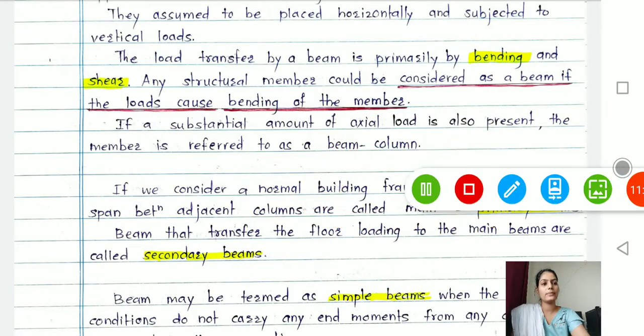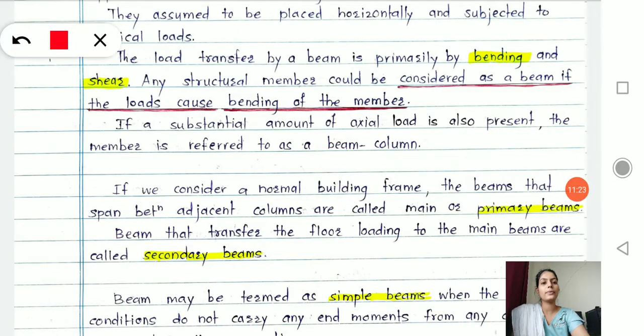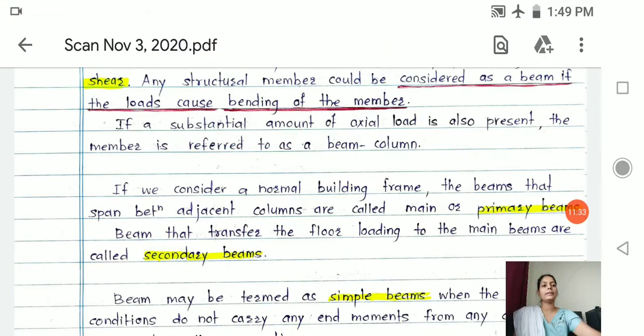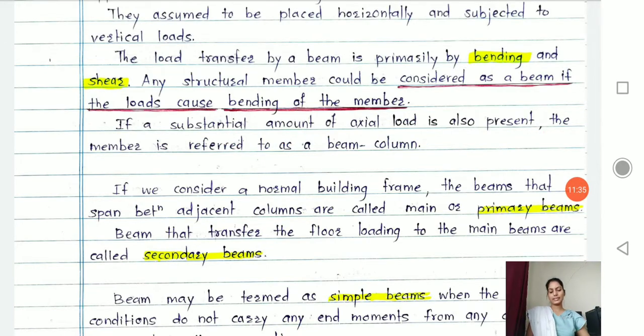Something similar I wrote over here. If a substantial amount of axial load is also present, the member is referred to as a beam column. What does it mean? It means that any member which is subjected to the bending action, along with that if it is subjected to a sufficient amount of axial load.